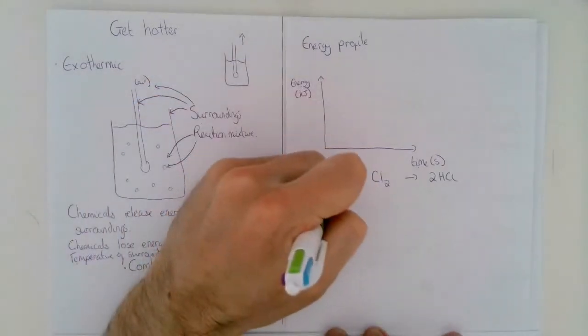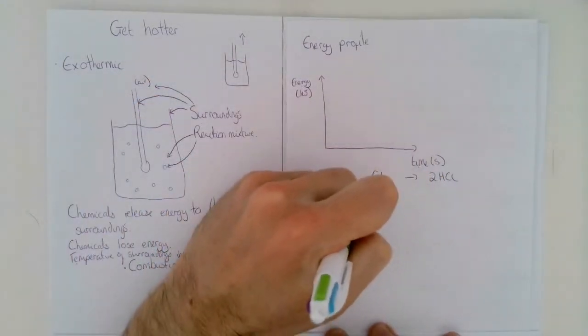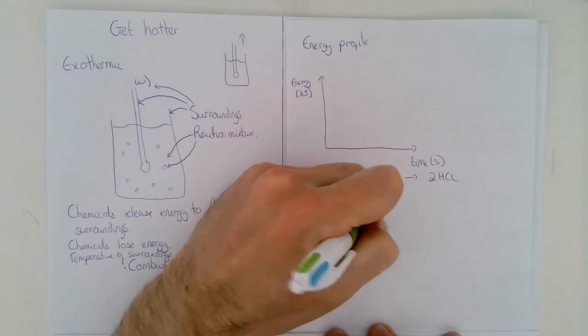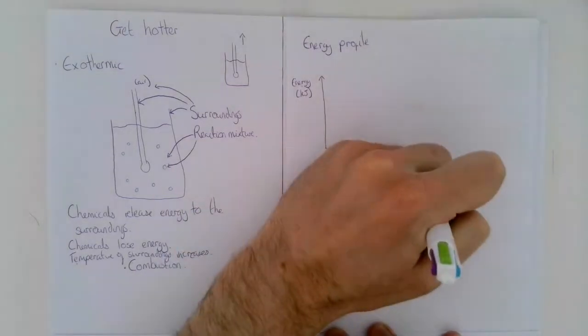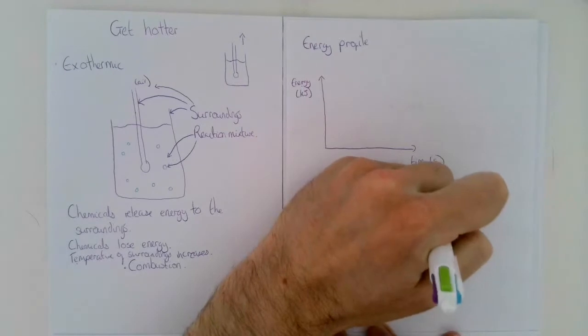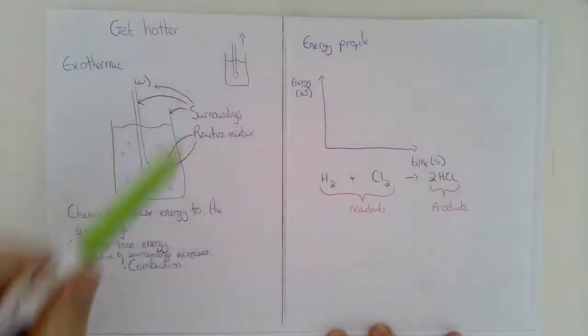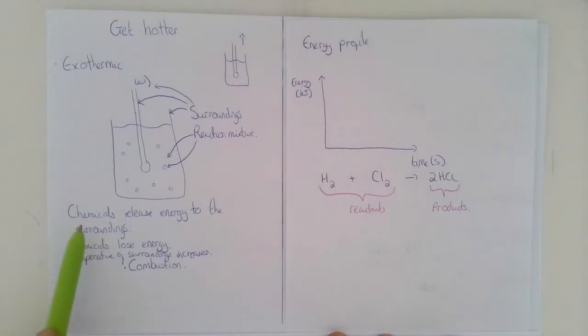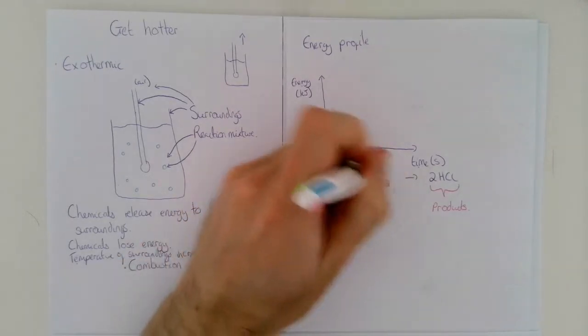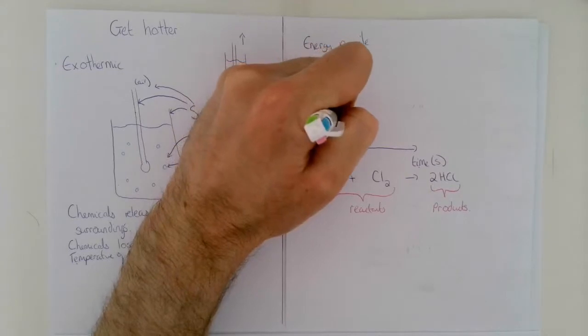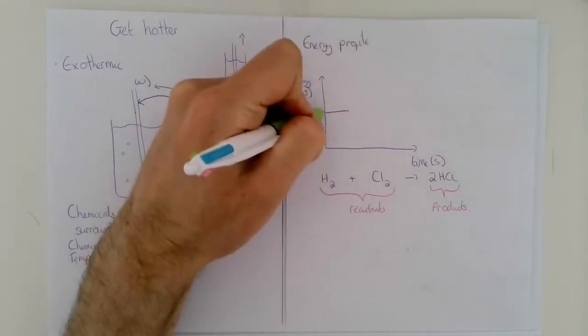So here now I've got my reactants, and these are the products that are being made, and where we said in the previous video the chemicals release energy, so the chemicals lose energy. So let's imagine if I added up all the energy that these reactants had, it came to about that much energy.